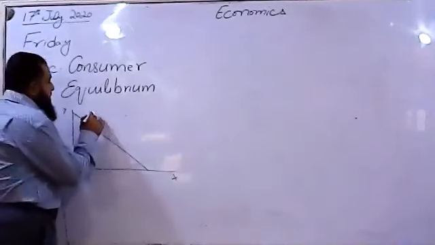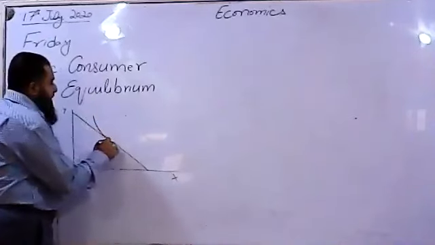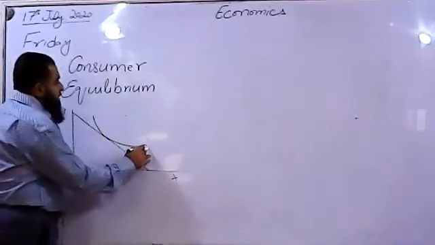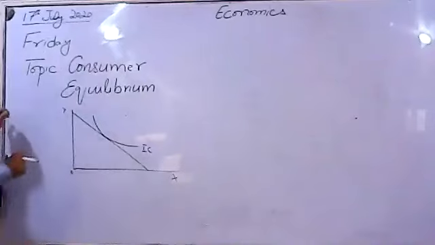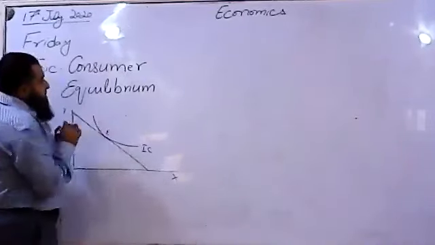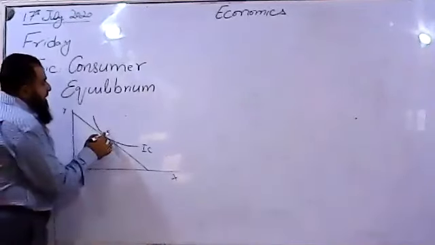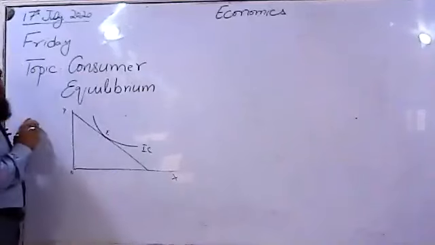So there are many indifference curves available to the consumer, but this indifference curve has the tangency condition with the budget line of the consumer at point E, the equilibrium point.